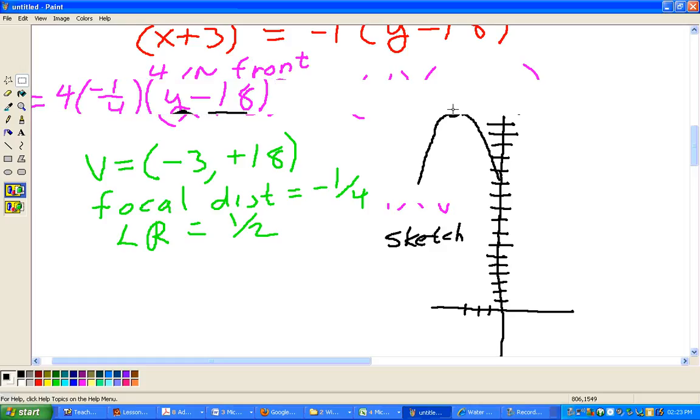So when I label this point, that point is -3, 18. That point was -3, 17 and 3/4.